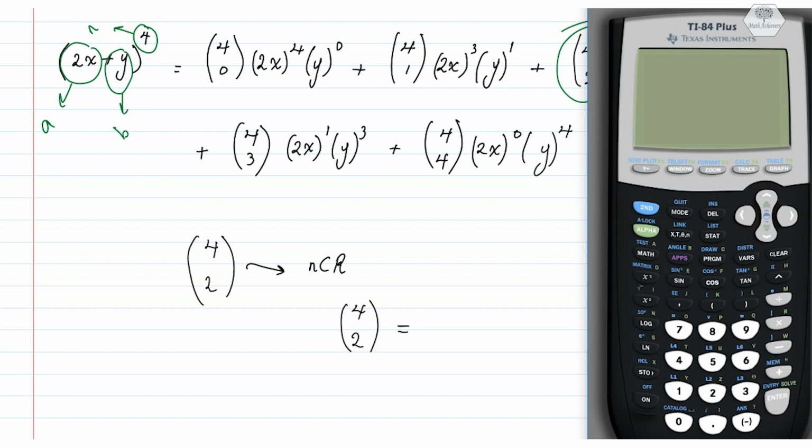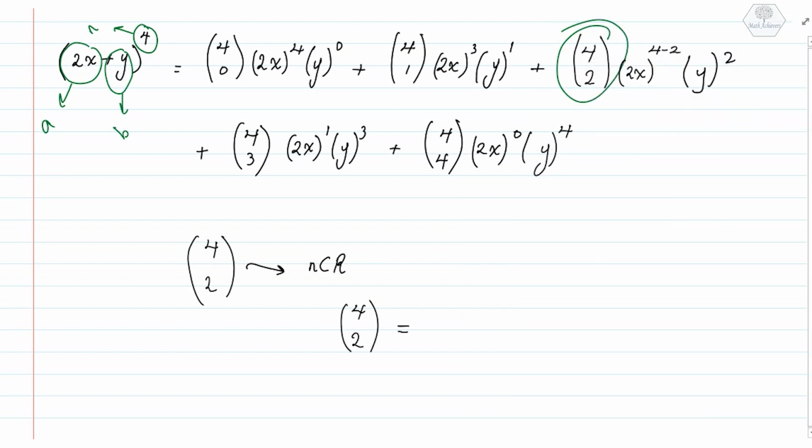So we press 4, then to find the combination, it's called nCr. We go to math, then probability, and nCr is the third choice, so we press 3. Now I have 4 nCr, and then I press 2. The calculator shows 4 nCr 2, and it gives me 6. This value is 6.